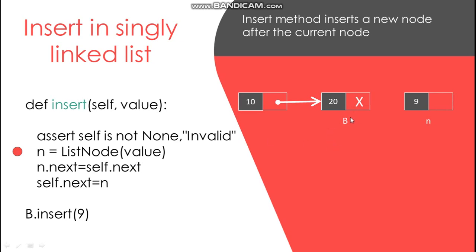Previously B was the last node of the singly linked list, but now n will be the last node, and as we have learned earlier that the last node points to none, and there cannot be two last nodes in a singly linked list, so n will be pointing towards none and B will no longer point towards none. Instead, it will be pointing towards this new node n.